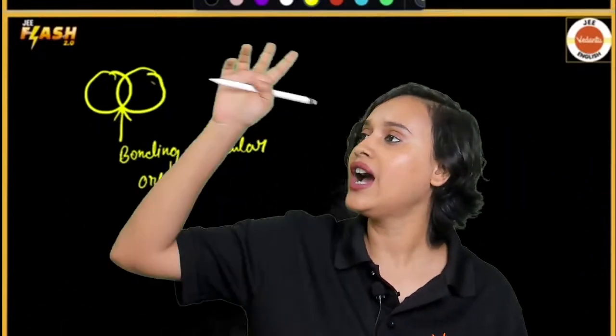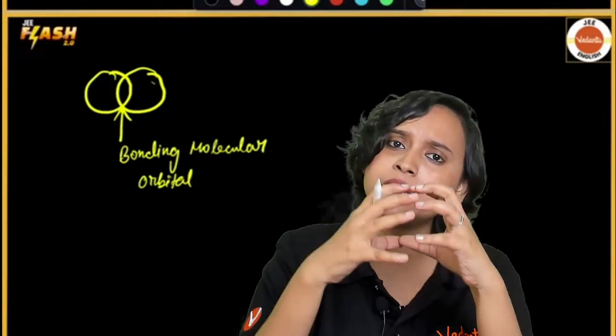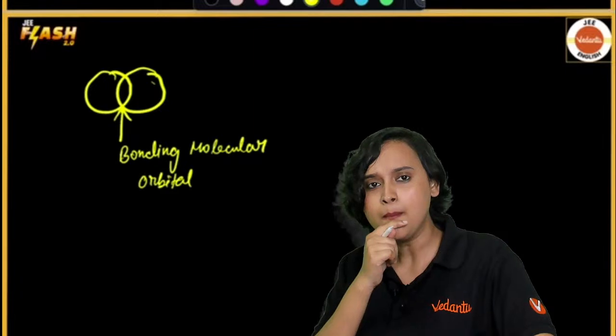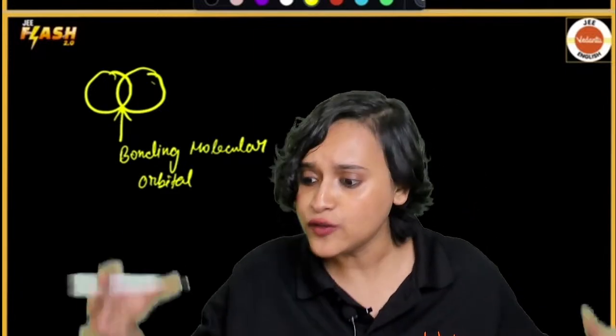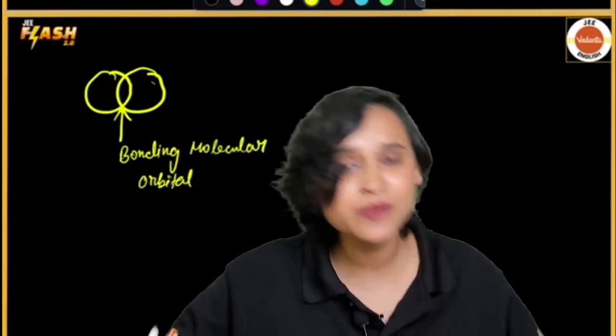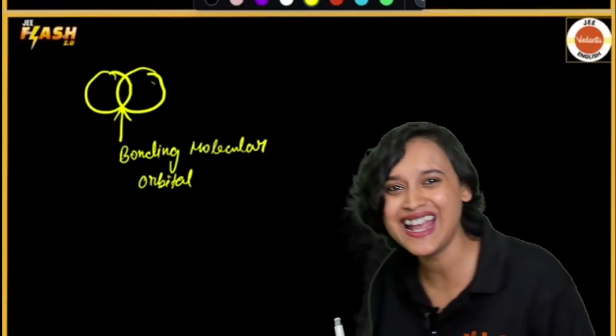If I have 3 plus 3, then I must have 6. But here, when 2 atomic orbitals are merging, I'm getting only 1 bonding molecular orbital. My God, where is the other one? I must get another one.